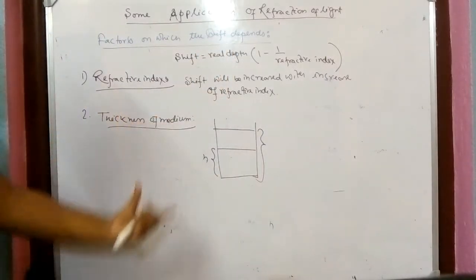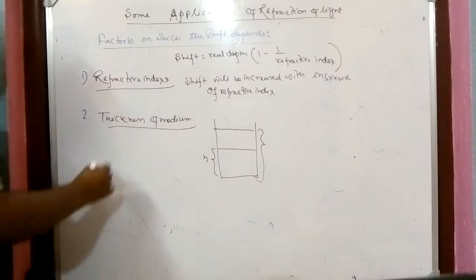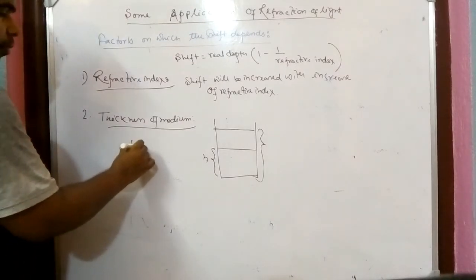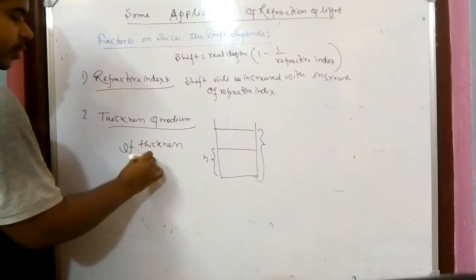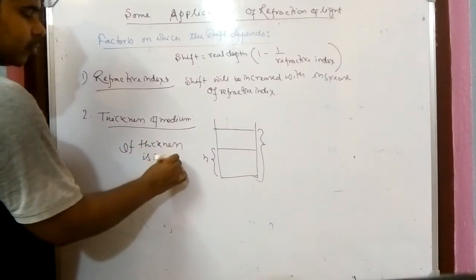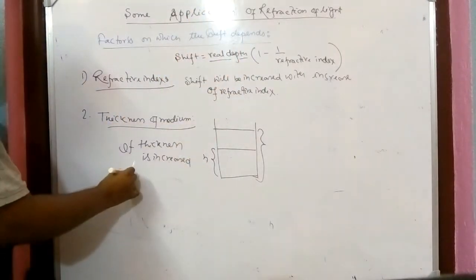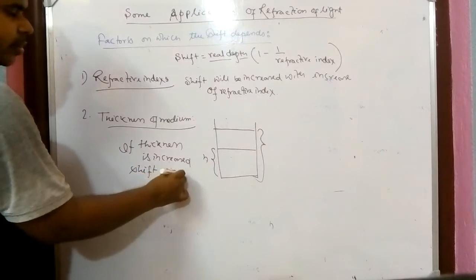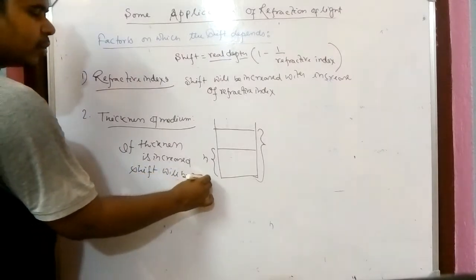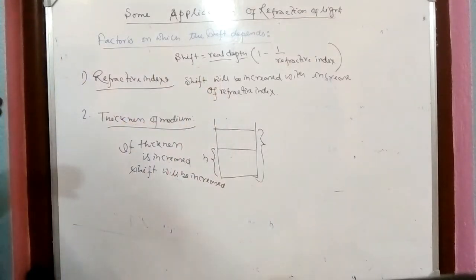So thickness of medium represents the real depth. So definitely if thickness is increased, then automatically the real depth will also be increased and the shift will be increased.